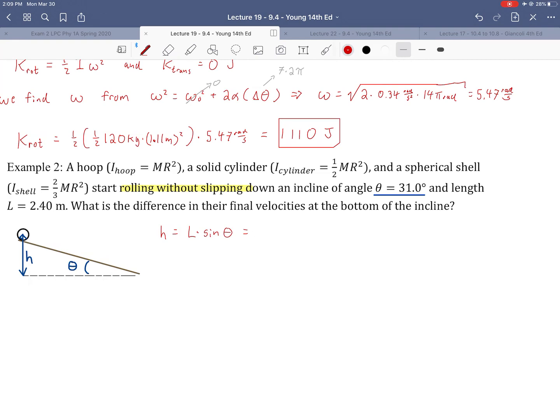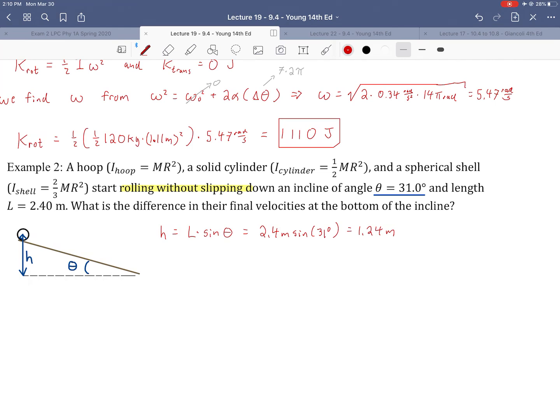In this case, that would be 1.24 meters. But I'm going to go ahead and use the variable H moving on, but we can put the value here. Let me show you the calculation: 2.4 meters times sine of 31 degrees. That's going to give me my 1.24 meters.